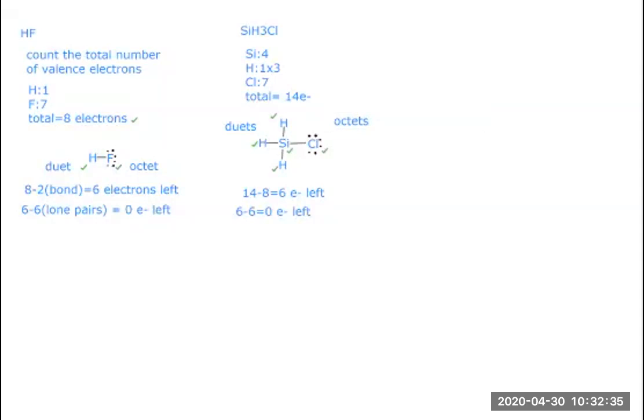Now let's verify that we have a total of 14 electrons. So we have 4 bonds, times 2 electrons each, that's 8, plus 3 lone pairs, times 2 electrons each.